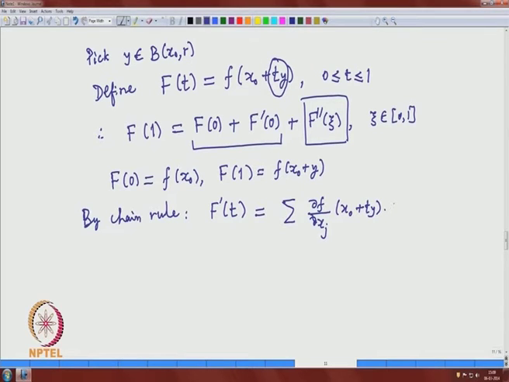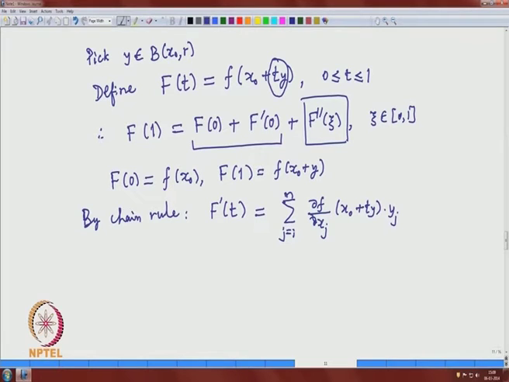Okay. So, we just get y j. Remember, y is a vector. So, this is the sum over j equal to 1 to n, since we are in the n variable case.